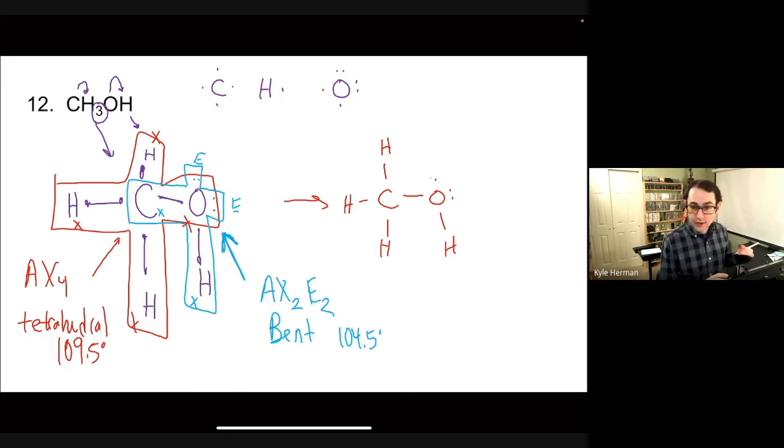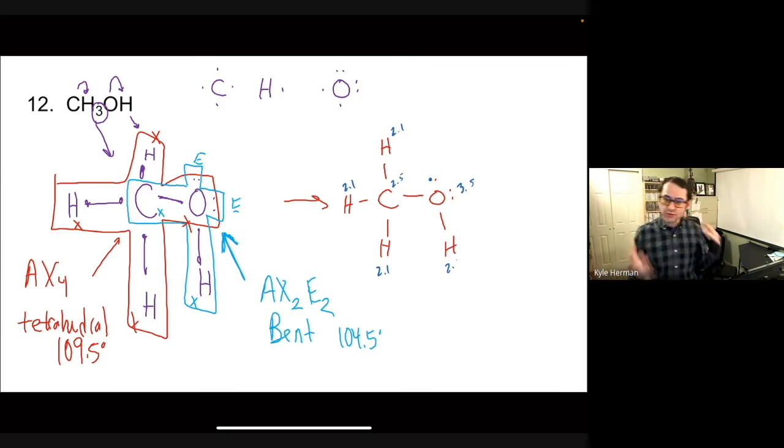Okay, and then we have this one. And we're missing a dot, so let me put that in there. All right. And we have 2.1, 2.5. Oxygen's 3.5. And all the hydrogens are 2.1, so I'm just filling it in real quick. All right, and again, we can see a flow towards the oxygen, right? Remember, I said if you see an oxygen, it's going to probably make it more polar.